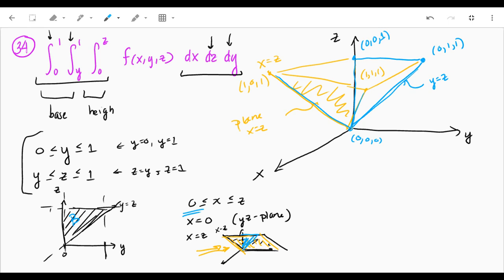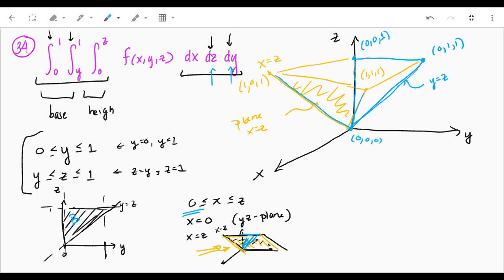Okay. So one thing we can think about is, well, obviously starting with that YZ plane was pretty easy. We can flip that around, right? Instead of doing DZ on the inside and DY on the outside, switch them. And then that X won't really change.